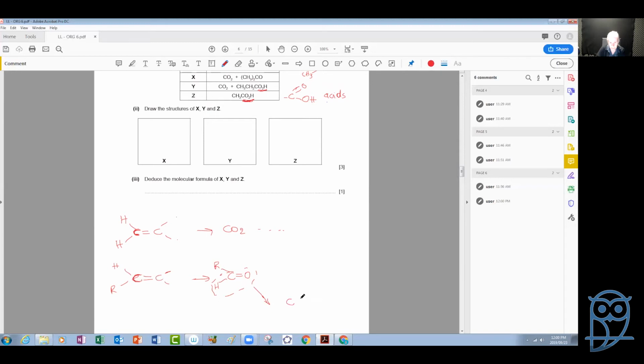And what will be the result? We'll have of course, the carboxylic acid here, and here will be this alkyl constituent, substituent of this carbon here. So you see, because we have here in this Y and Z, the one product is a carboxylic acid. So obviously this is what has happened here.